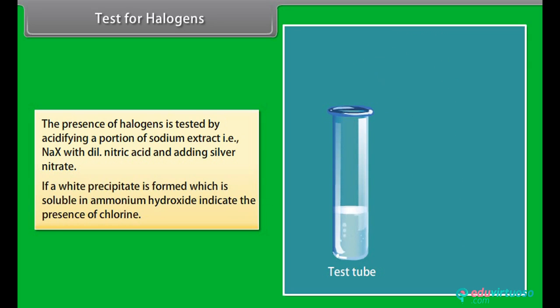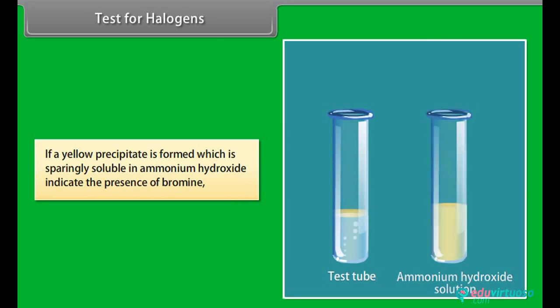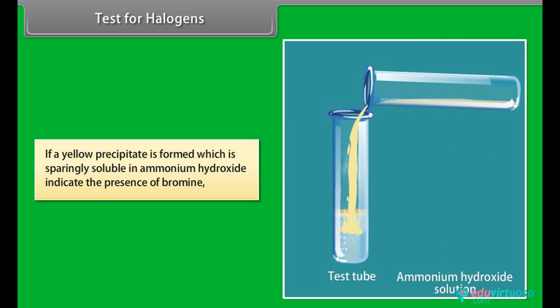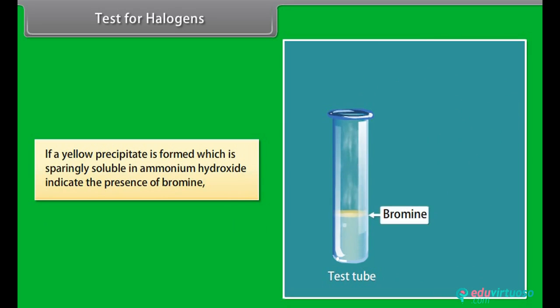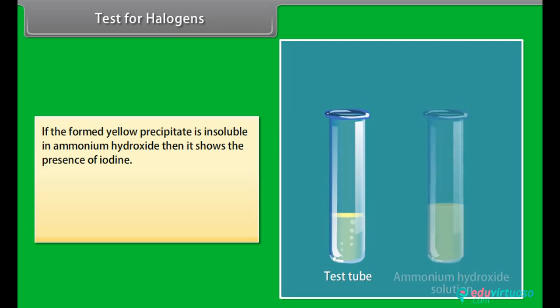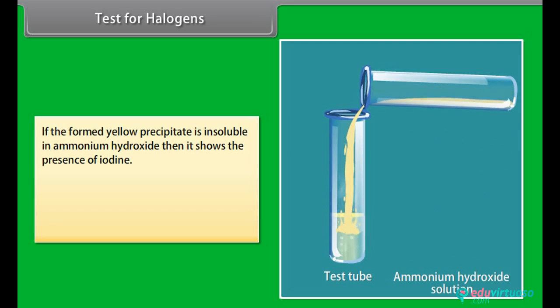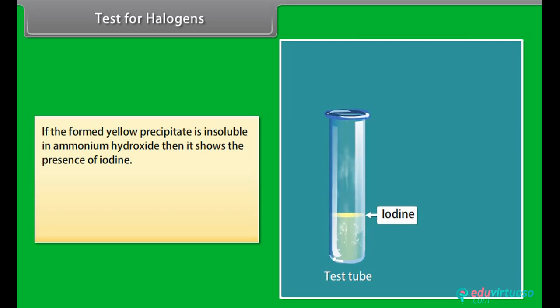A white precipitate, soluble in ammonium hydroxide, indicates the presence of chlorine. A yellow precipitate, sparingly soluble in ammonium hydroxide, indicates bromine. If the yellow precipitate is insoluble in ammonium hydroxide, it shows the presence of iodine.